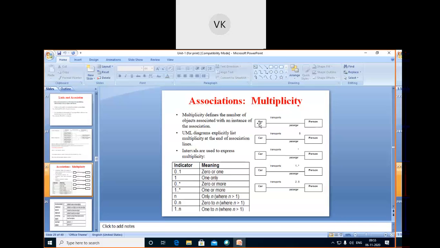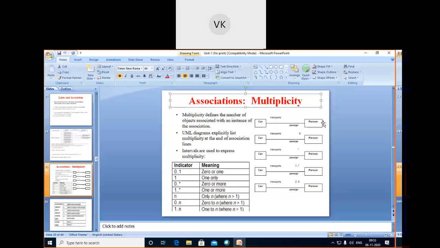Car and person are the two classes. I have a relation from car to person. Above the line I have written transports and passenger. Here car is the class, and for the car class, person is a passenger.